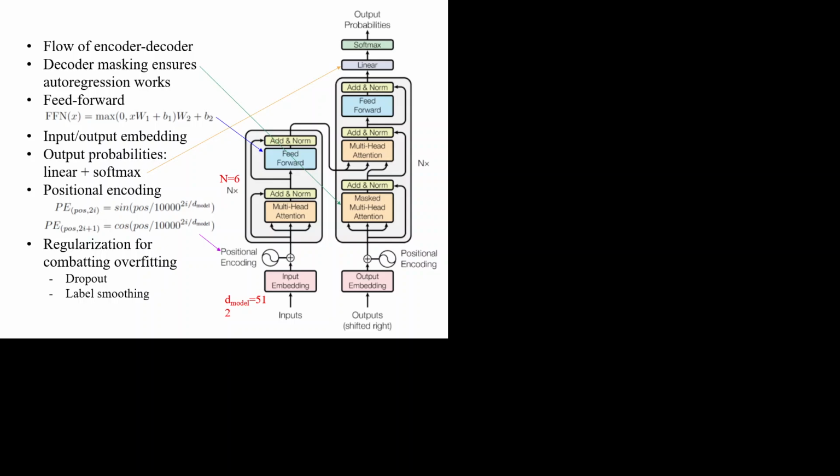The probability prediction is like this, and which one is the highest? This token has the highest.